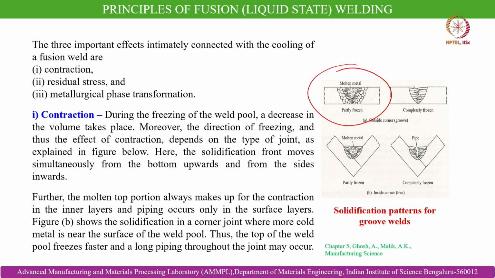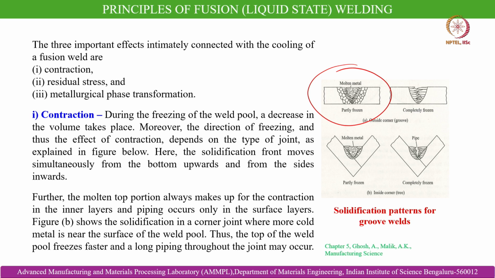You can see that this resembles a casting done in a very big mold, and very localized melting and solidification happens in the fusion welding process. Here, during the freezing of the weld pool, a decrease in volume takes place, again because of the phase change, because as you know the density of the same material in the liquid state is lesser than the density in the solid state.